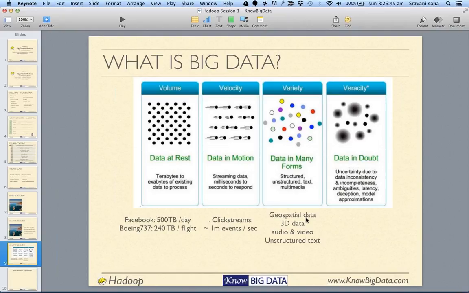All right. So what is unstructured data? When you have data in which you know exactly which field represents what and what is the data type of the field, we call it structured data. Any data which is lying in an RDBMS is structured data.